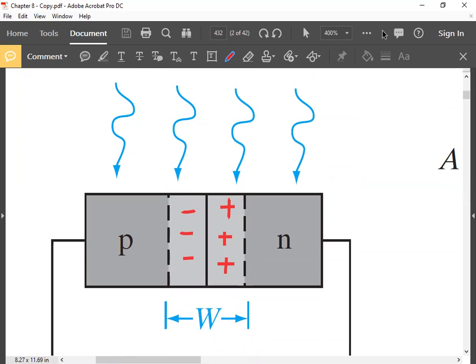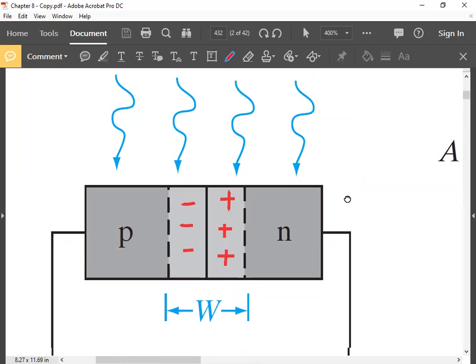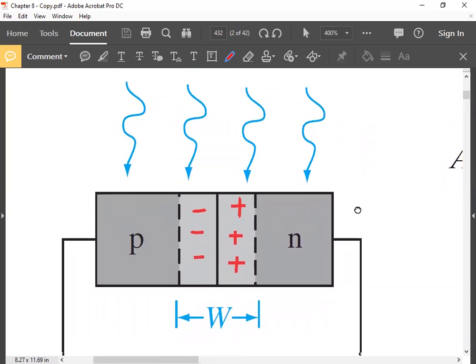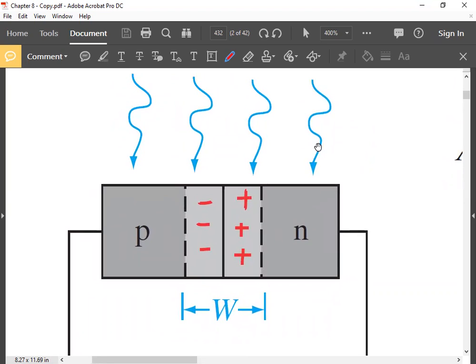When there is a steady state illumination, in chapter 4, probably you remember, there is a steady state optical generation rate, G_op, which is related to the carrier recombination lifetime. Remember that. So because of this optical energy, in this depletion region, carriers will be generated, EHPs will be generated, right?